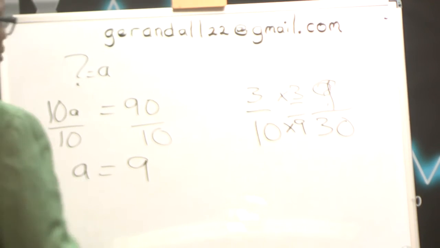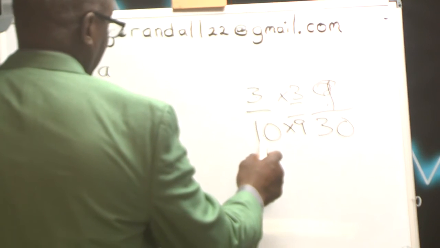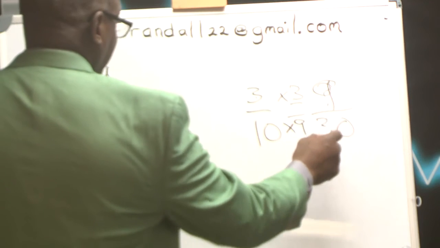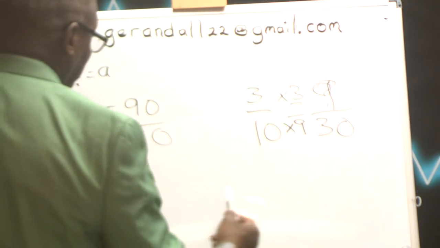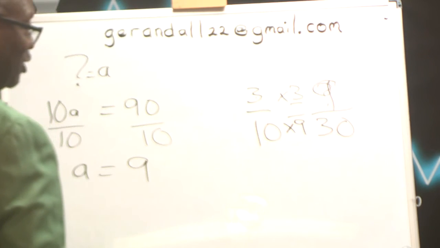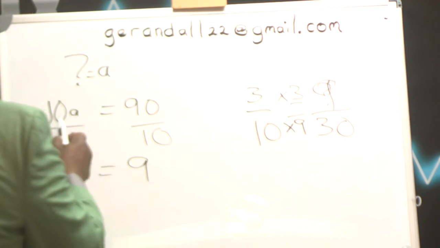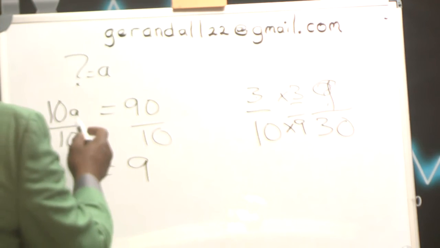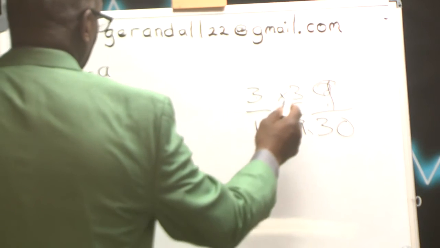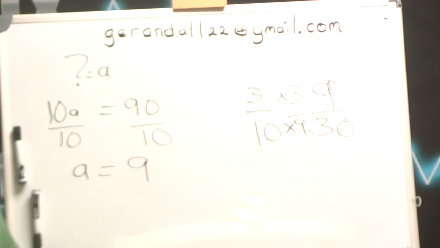We compared 3/10 to 9/30, which is an equal fraction. It's also an equal ratio. And when we talk about proportions, we're looking at the means times the extremes. They must equal. Okay? And all you're doing is writing an equivalent fraction.